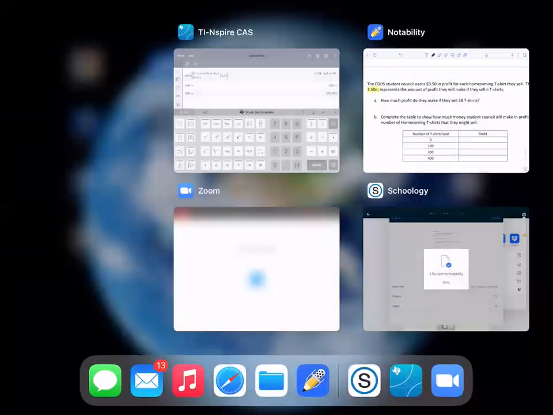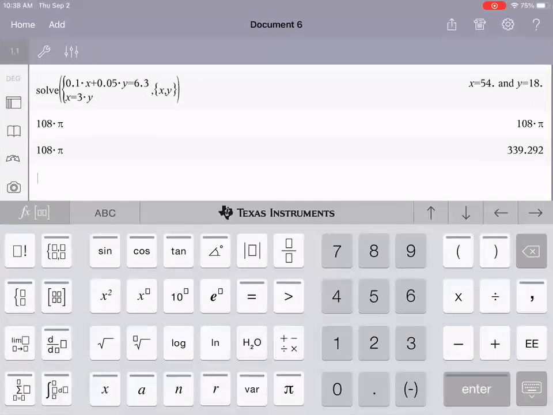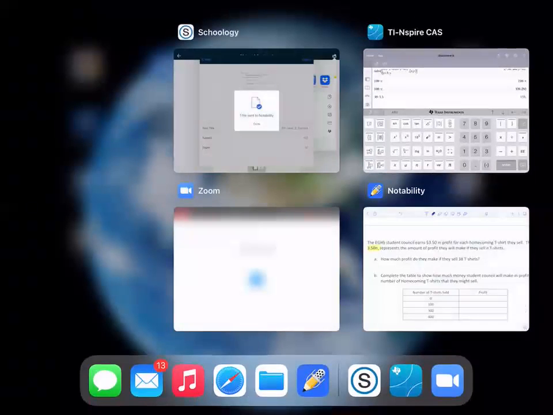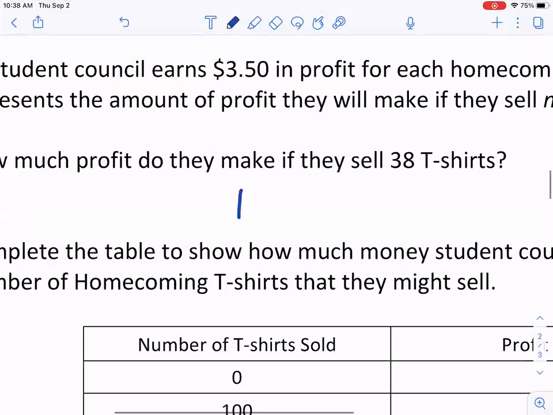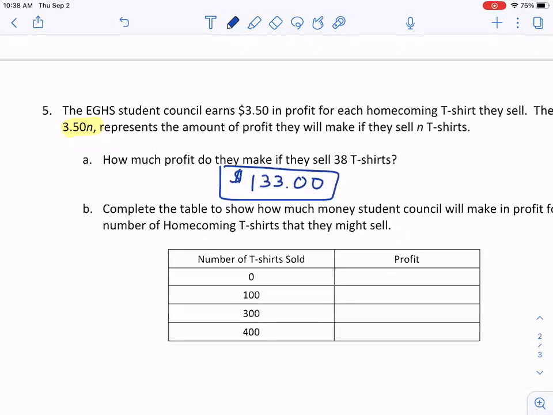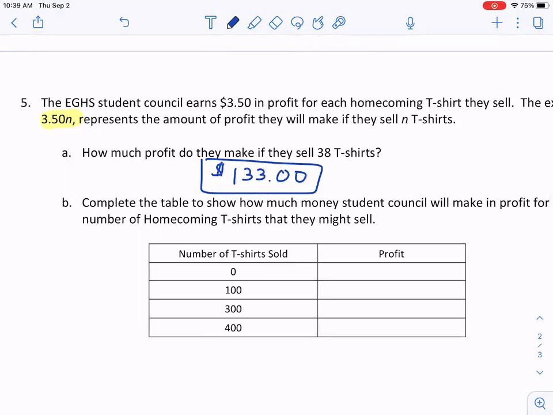So I'll go to my calculator. 38 times 3.50, and I get $133. So I like to write it 0.00 because it's money. You don't have to do that because it's a round number, but we okay with that so far?